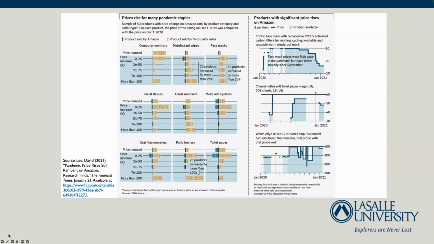As you can see, prices, especially those sold by third-party sellers, increased rather dramatically during that time. But since those price hikes, we've seen prices for face masks and toilet paper and other pandemic staples start to fall as supply of those goods and services began rising.